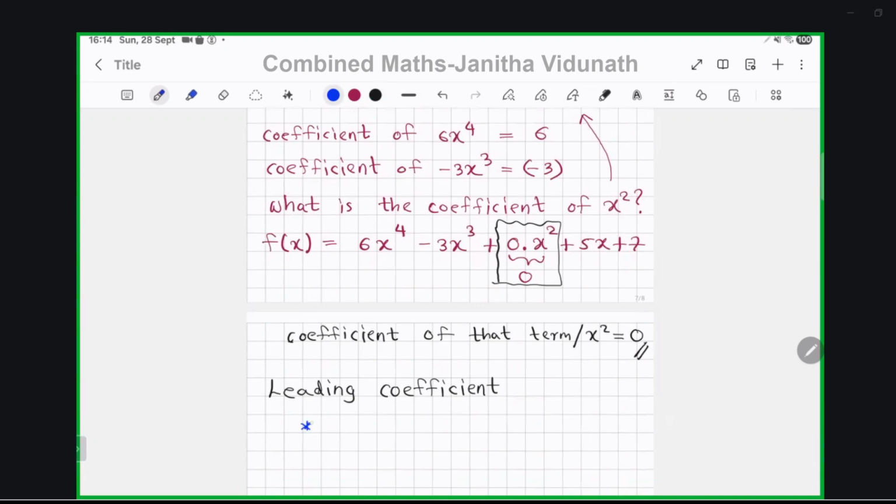Write down under this: the coefficient of the leading term of the polynomial.